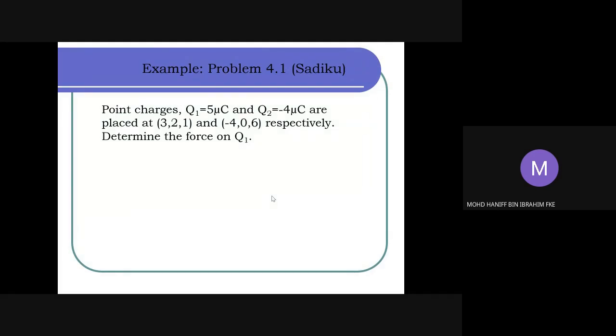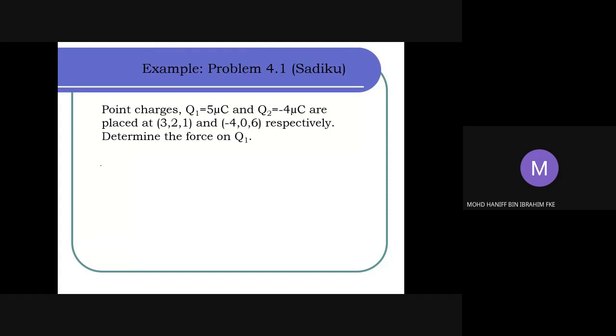Number 1: we have 2 point charges, with magnitudes of 5 microcoulomb and negative 4 microcoulomb, placed at given coordinates (3, 2, 1) and (-4, 0, 6). This example deals with the Cartesian, or rectangular, system of coordinates.